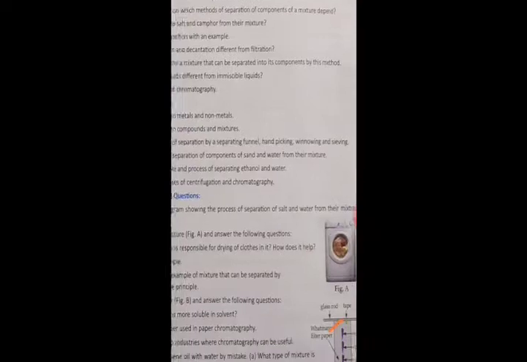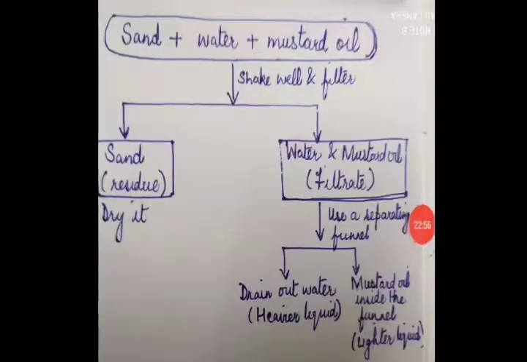Then in More to Do, the last question that is given on this page is to show the separation of sand, water and mustard oil from the mixture. Copy this from here, that is sand, water and mustard oil. We shake well and filter, and then when you filter you have two things, the residue and the filtrate.